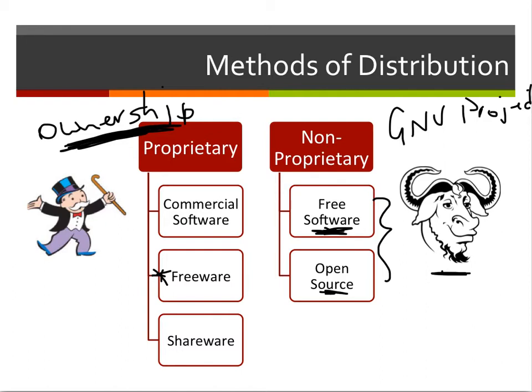But it doesn't necessarily mean that non-proprietary can't be sold for a profit either. It actually can at times. So we'll talk a little bit more about that too. But that's the significance of the GOAT. It's really the GNU project, and its logo has kind of come to represent the free software and the open source software movement.